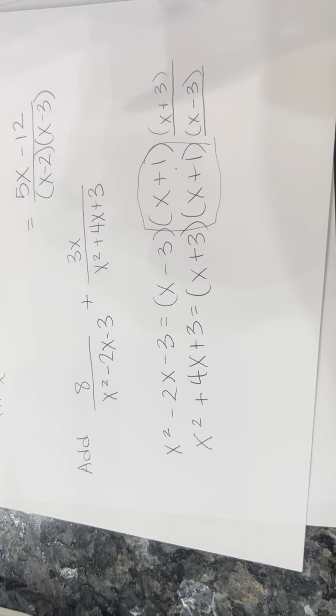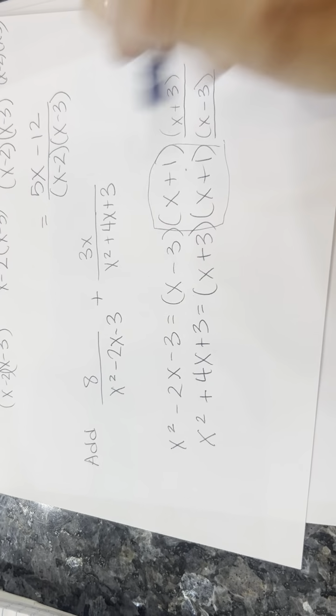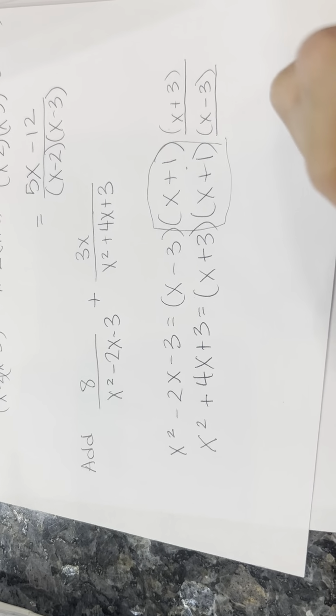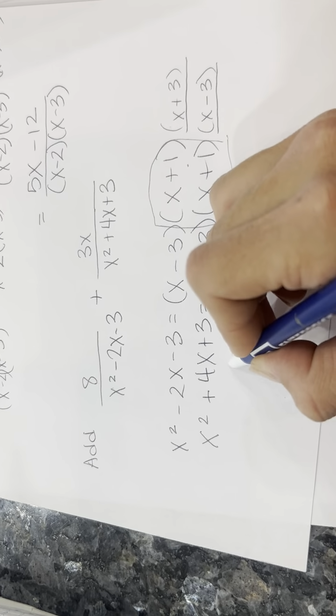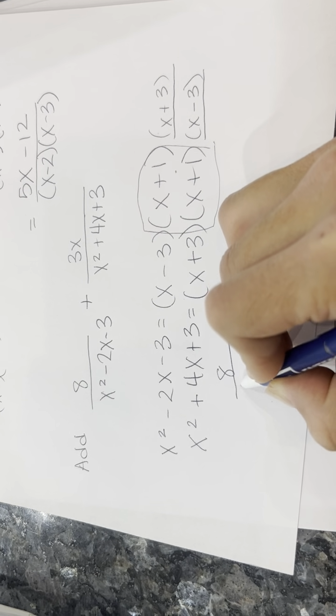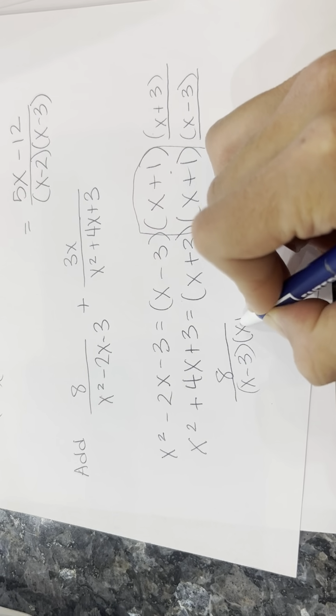Okay, so what I need to do then is first rewrite these fractions with our factored form there in the denominator. Okay, so I'm going to have 8 over the x minus 3 and x plus 1.